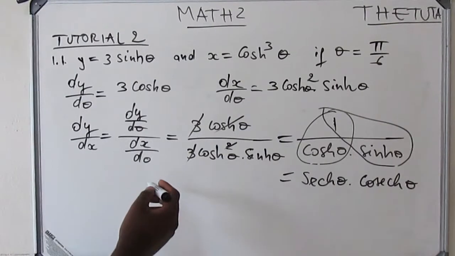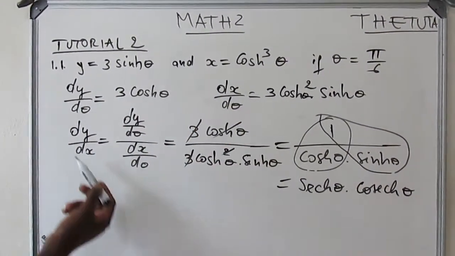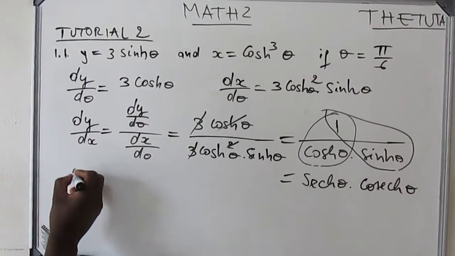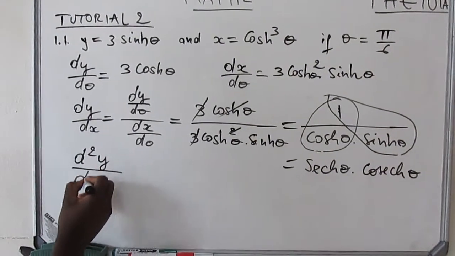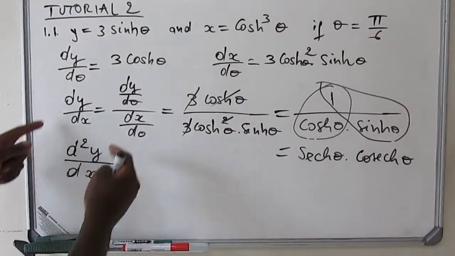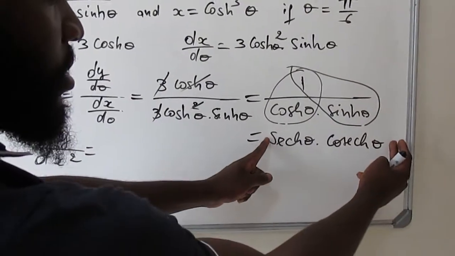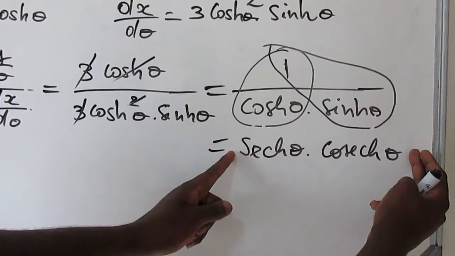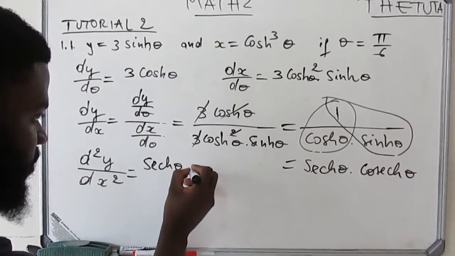After finding dy over d theta, we found dx over d theta, and we've also found dy over dx. Now the last one is the second derivative, of dy over dx. What you need to do here is to derive first dy over dx, which is this one, sec of theta times cosec of theta. First of all, we said we have to derive this.